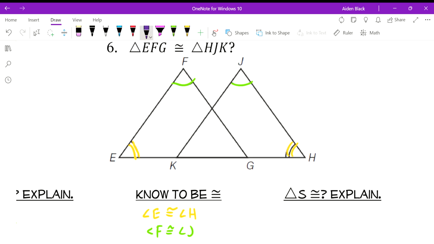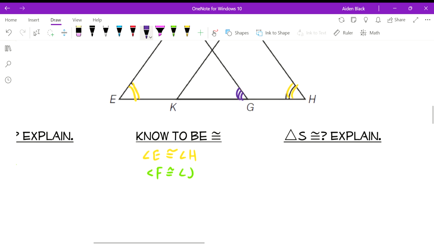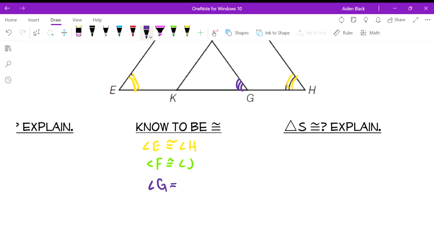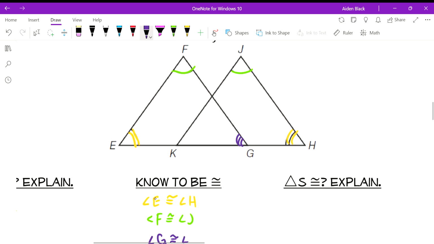And technically, by the triangle sum theorem, we can tell that angle G is congruent to angle K. And I won't write a full proof for this, but this would make sense. If this were 60 and this were 90, you would know that on both those triangles, the last angle would have to be the same. Right? It would be 30 and 30.